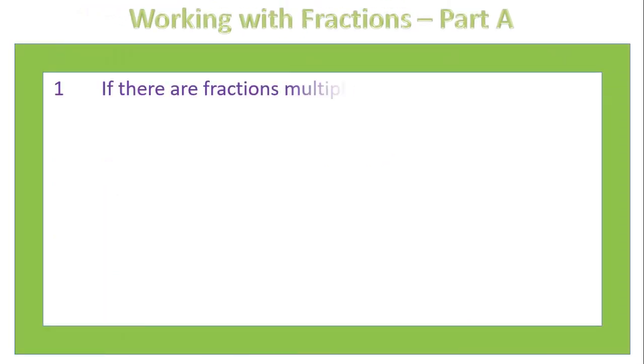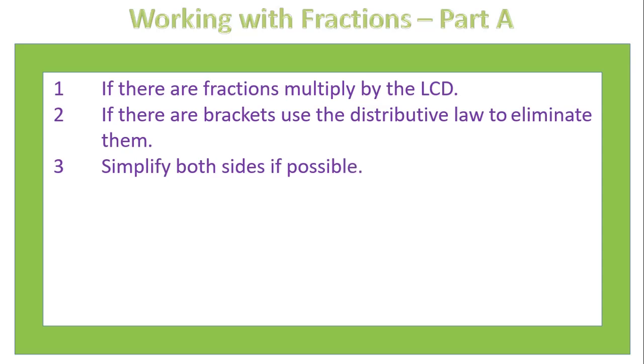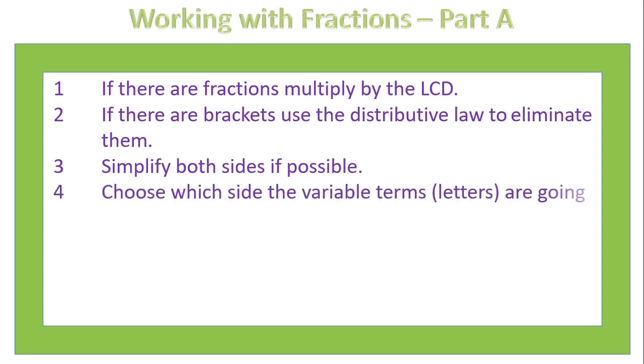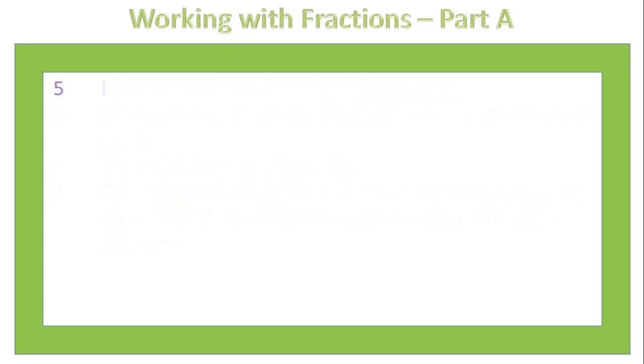Step 1. If there are fractions, multiply by the LCD, or the lowest common denominator. Step 2. If there are brackets, use the distributive law to eliminate them. Step 3. Simplify both sides if possible. Step 4. Choose which side the variable terms are going on and which side the constant terms are going on. Step 5.